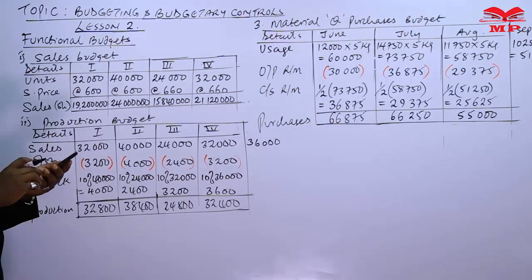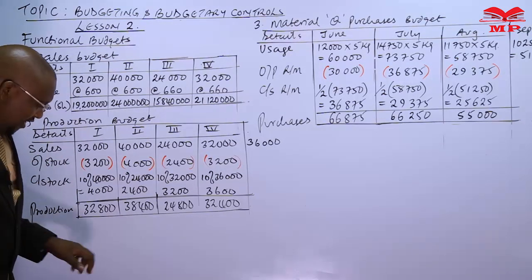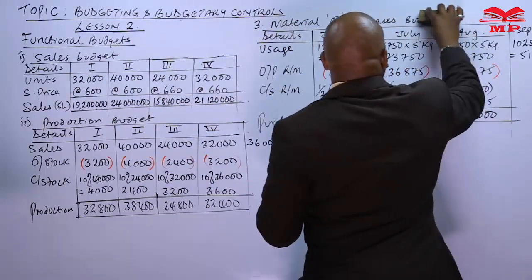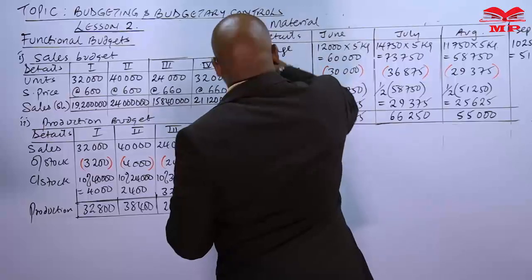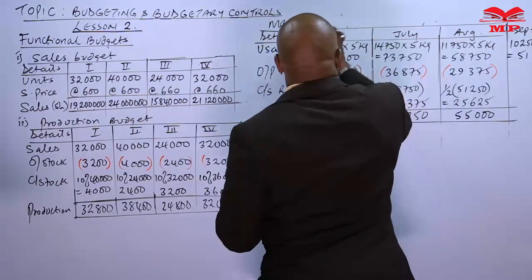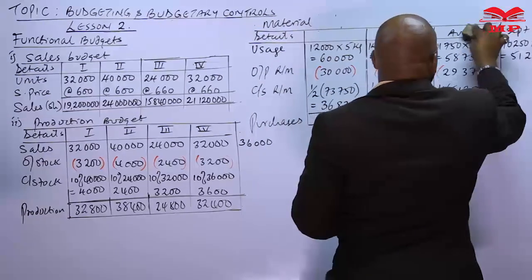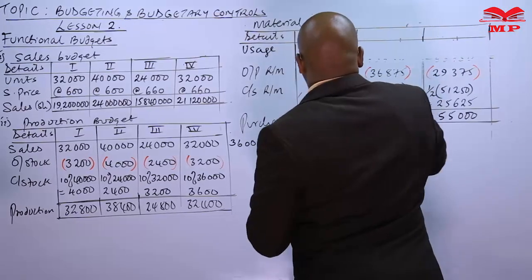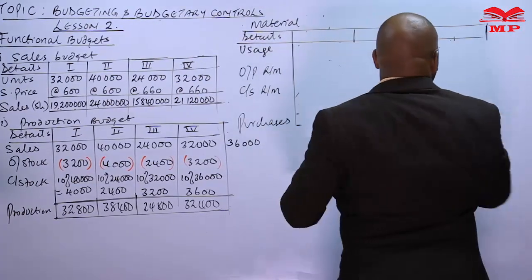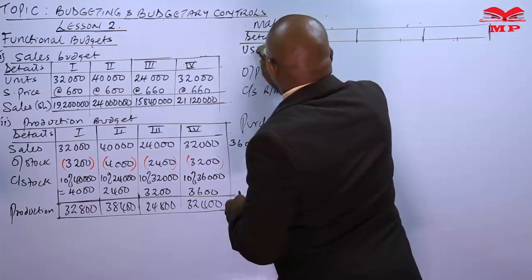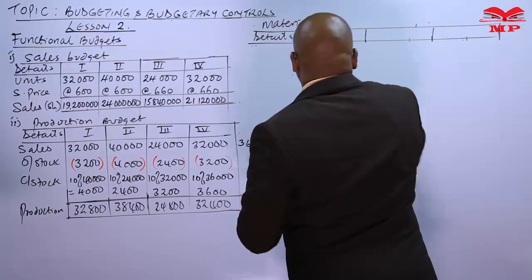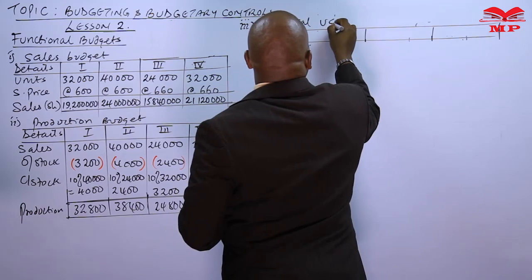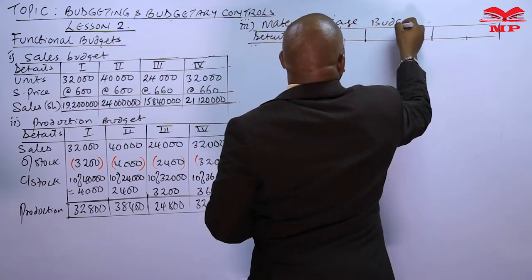Then we were asked the material usage budget in units and for each quarter. So you have material usage budget. So we have as follows. This is Roman 3, material usage budget.